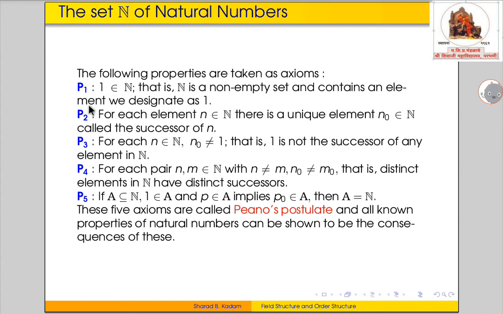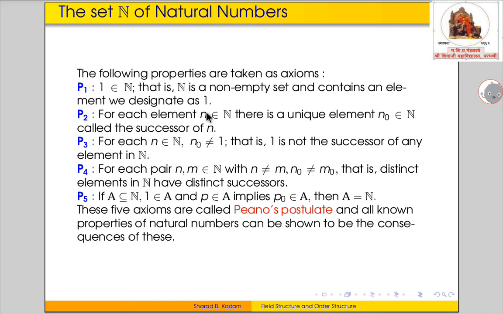The second property is P2, and it states that for each element n in the set of natural numbers, there exists a unique element n0 in the set of natural numbers N, called the successor of n.